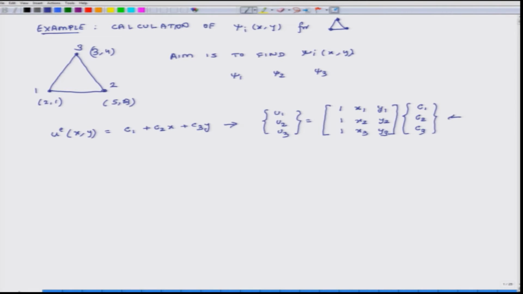From this equation we can compute C1, C2 and C3 in terms of u1, u2 and u3, and the relation we had developed last week was this. Let us say this is matrix A, then C1, C2, C3 is equal to A inverse times u1, u2, u3.